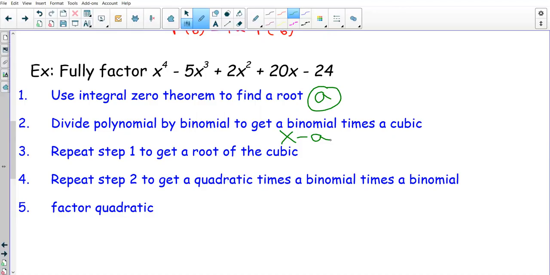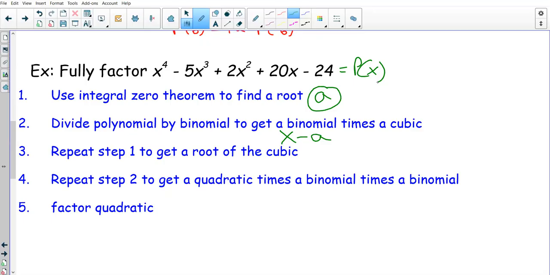So the cubic that I found in step 2, I'll divide it by whatever new value of a that I find, where p of a equals 0. We'll call this p of x again, just so it's my polynomial. And then, when I divide a cubic by a binomial, I'll get a quadratic, and then I'll just factor the quadratic using any method that I know.